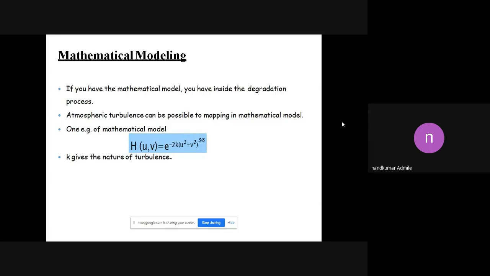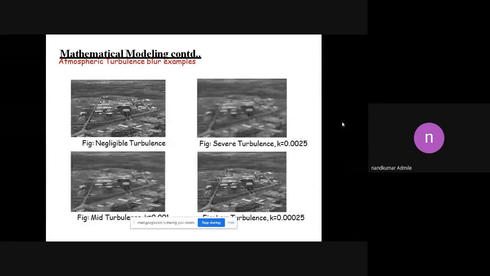When we consider this function, there is also a disturbance, called the turbulence of nature. By using the turbulence, we can also identify the quality of a particular image. Now observe the next slide.